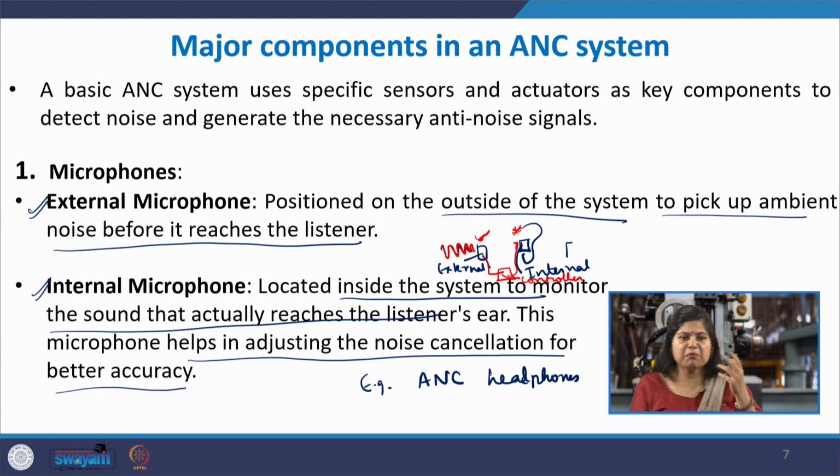So, the internal one measures whether perfect cancellation has been achieved at the ear or not. If perfect, nothing is done. If it is imperfect, there is still a noise level remaining, and it will pass it as an error signal to the controller mechanism, which will tell you that some kind of adjustment needs to be done to the anti-noise so that perfect cancellation is achieved.